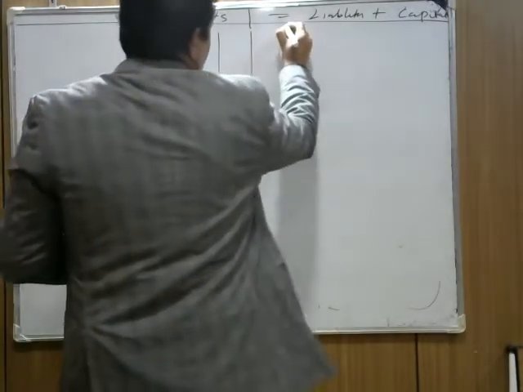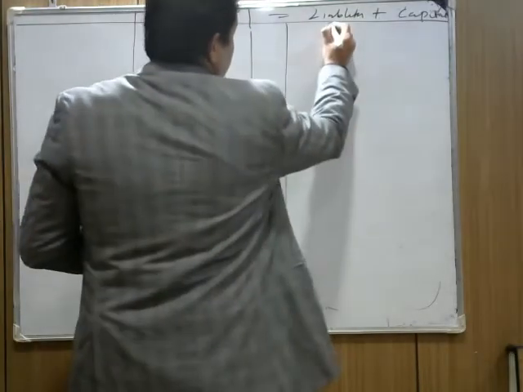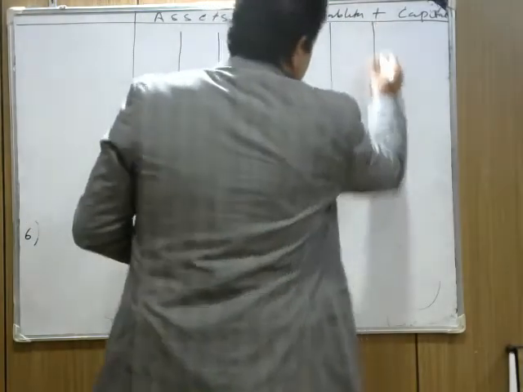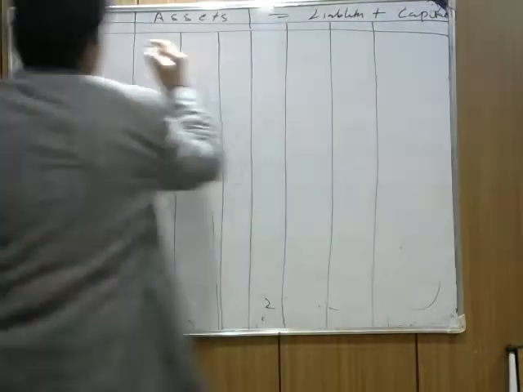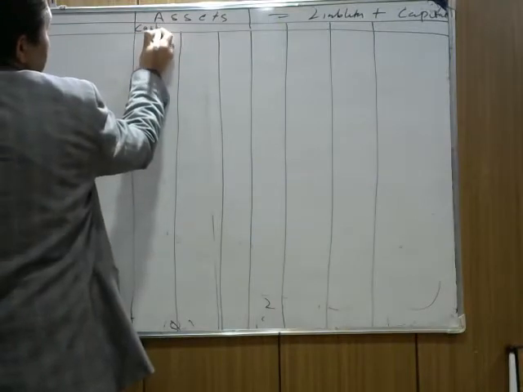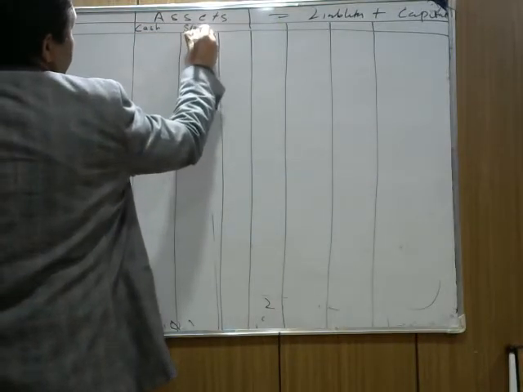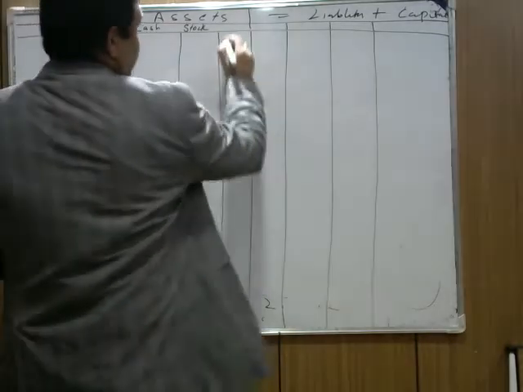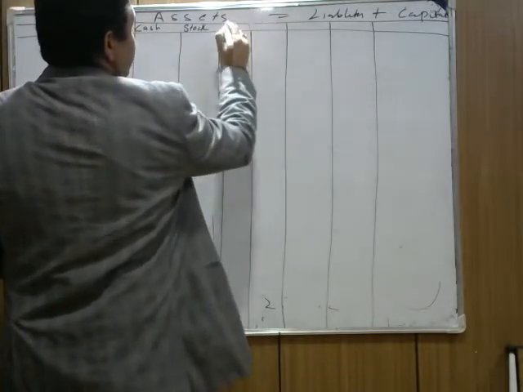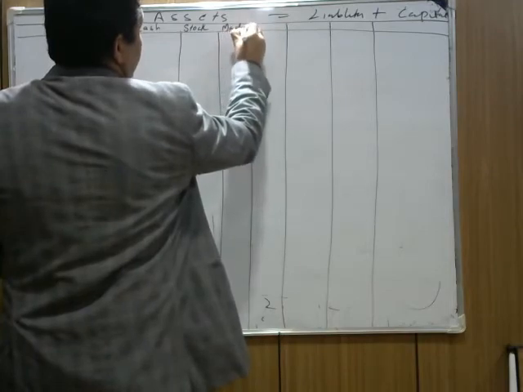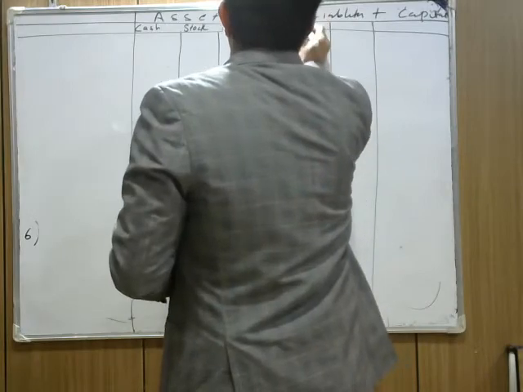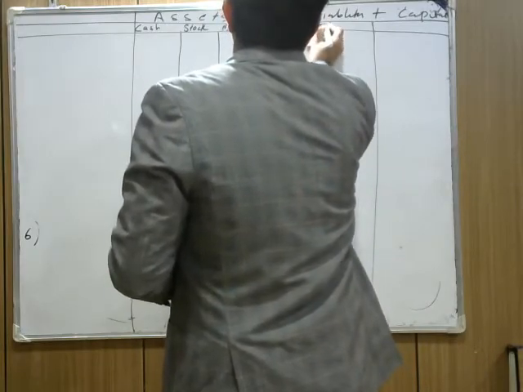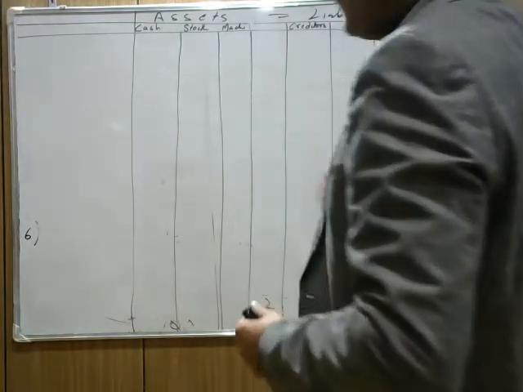Here we have to make a column for liabilities, and here is capital. So I write under the asset side, first cash. Now write stock. Then we have machinery also. Then on the liability side I write creditors if any. And then we leave one column here so that if any transaction comes, we can fill it.